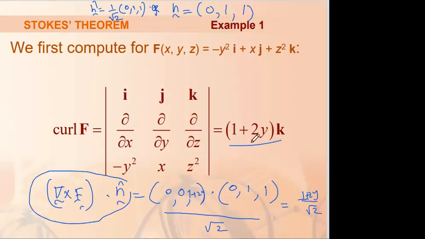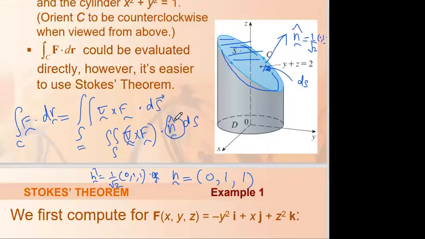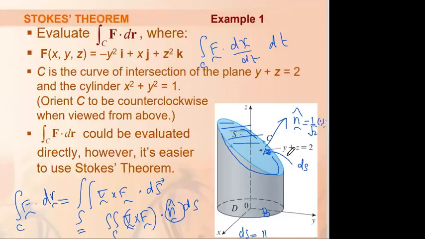So we found this, and we have a conversion. ds can be written in terms of this. Remember, you first have to write this surface in terms of two parameters.